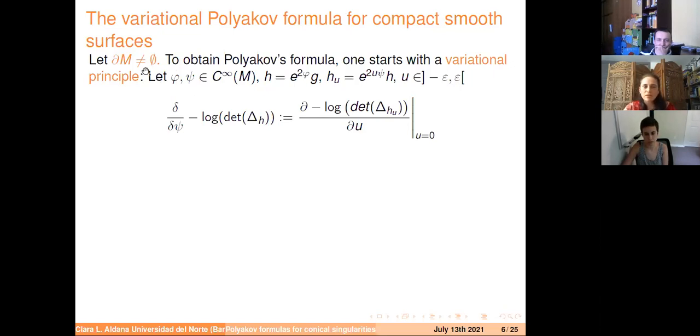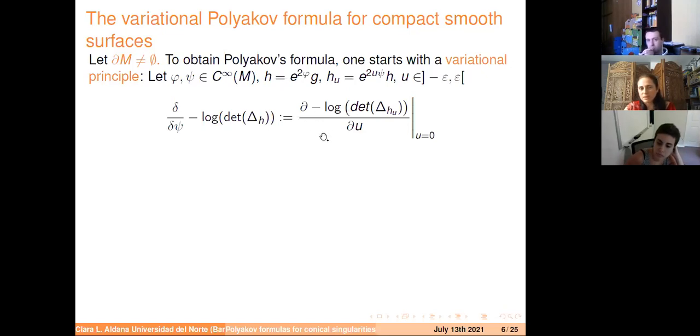So this consists mostly of starting with a variational principle. We take the conformal transformation of g, that is h, and then we vary in the direction of another conformal factor psi. So we take a directional derivative. This is called the variation of the log of the determinant of delta h in the direction of the function psi.